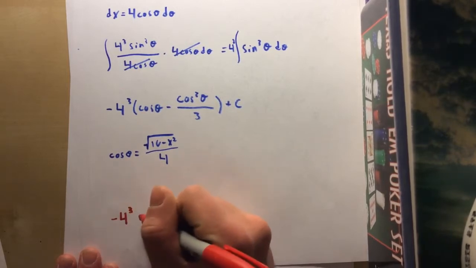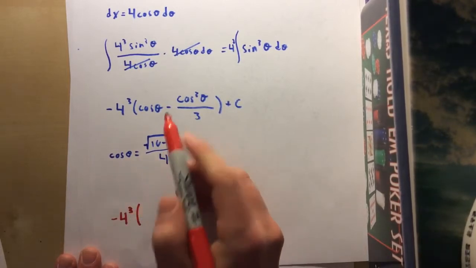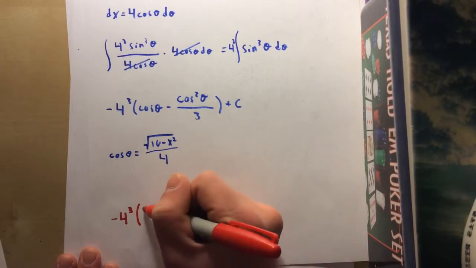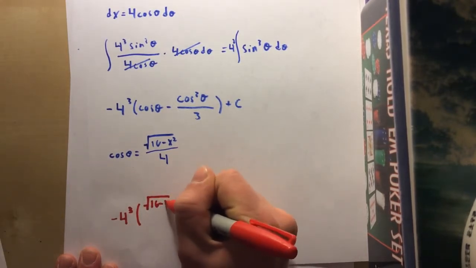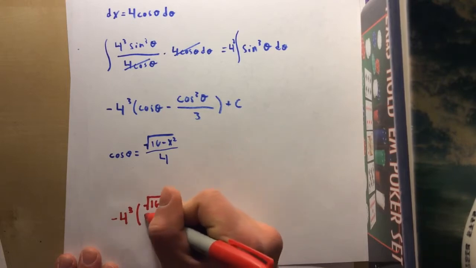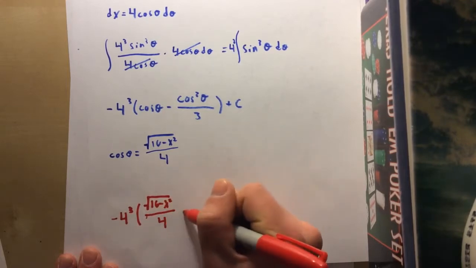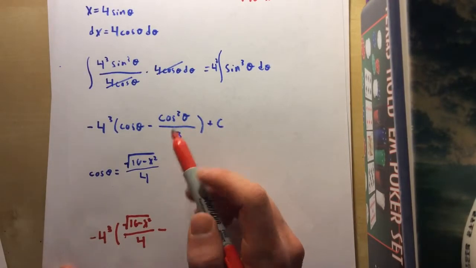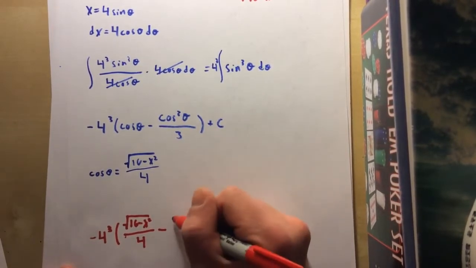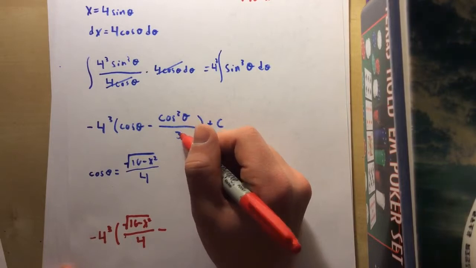Now we plug this in here, and we get a final answer of negative 4 cubed times cosine theta, that's just this, so the square root of 16 minus x squared over 4, minus cosine cubed theta over 3.